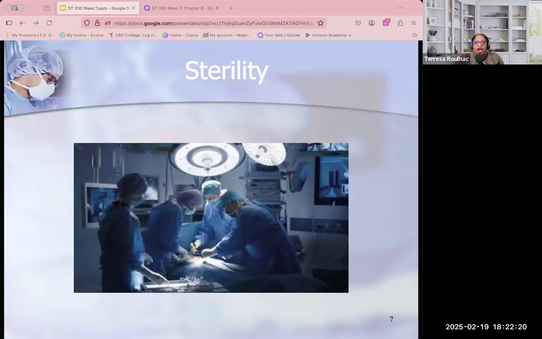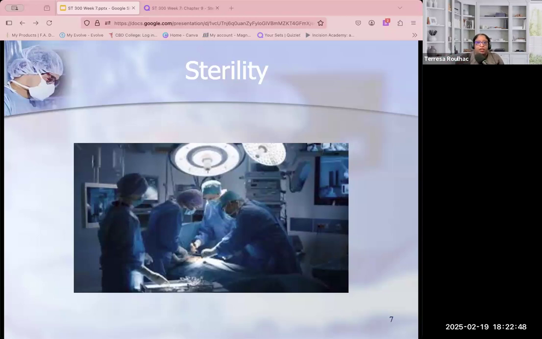When you hear the term non-sterile surfaces, any surface that is not sterile is considered potentially contaminated. So there's that risk of a patient potentially getting infected, and there goes that SSI. So we, as surgical techs, must carefully manage all non-sterile areas to prevent infection, and we do that as soon as we walk into the OR suite.